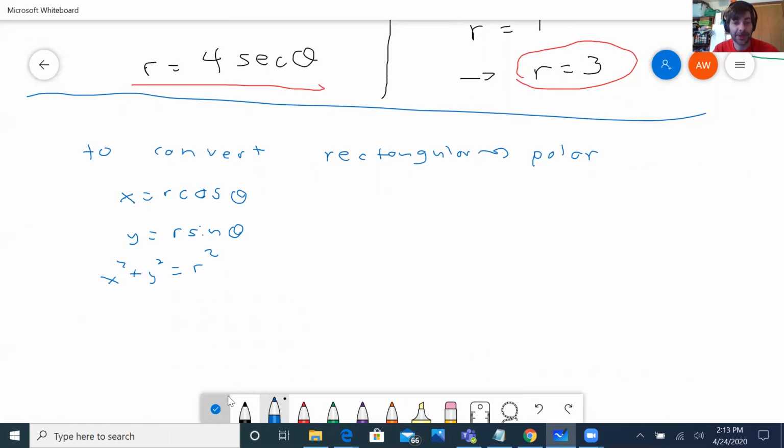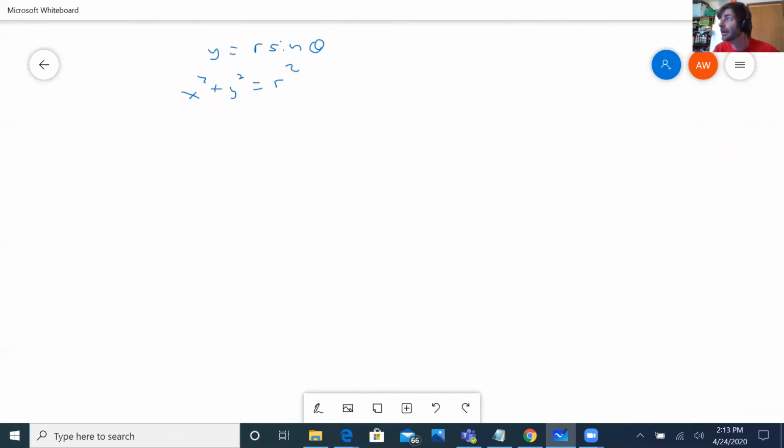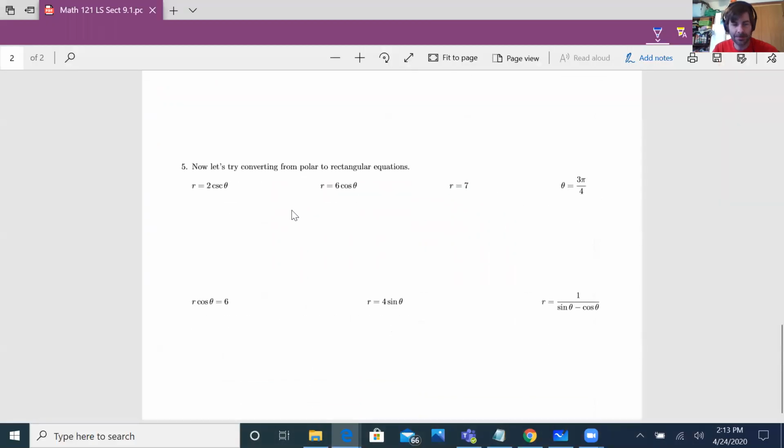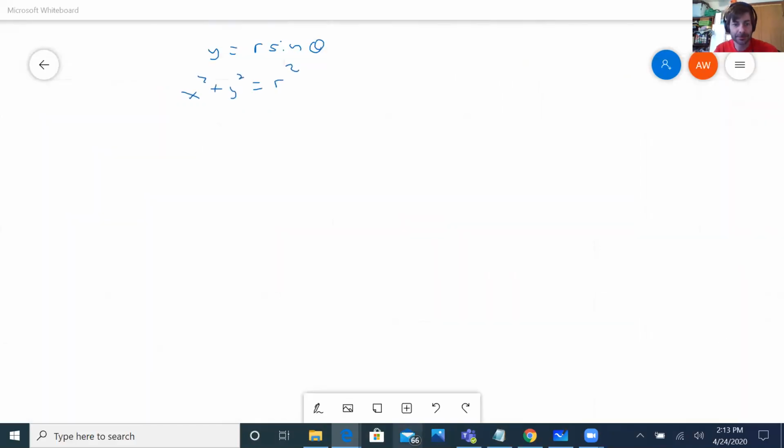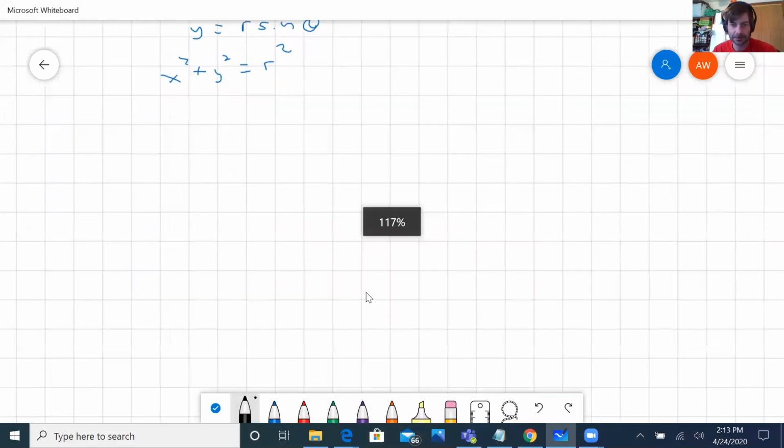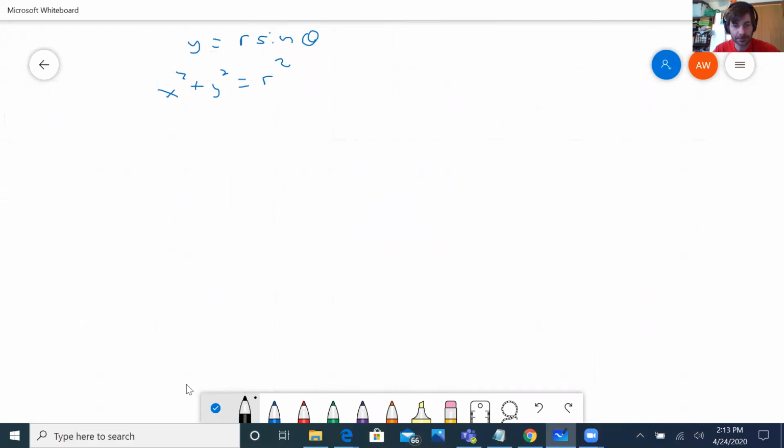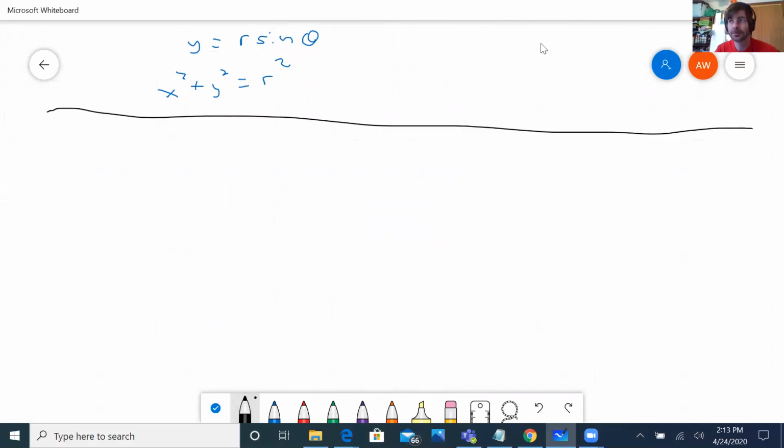All right, so the last thing they have on this sheet is converting polar equations to rectangular equations. So I have r equals 2 cosecant theta, and I want to turn this to rectangular.